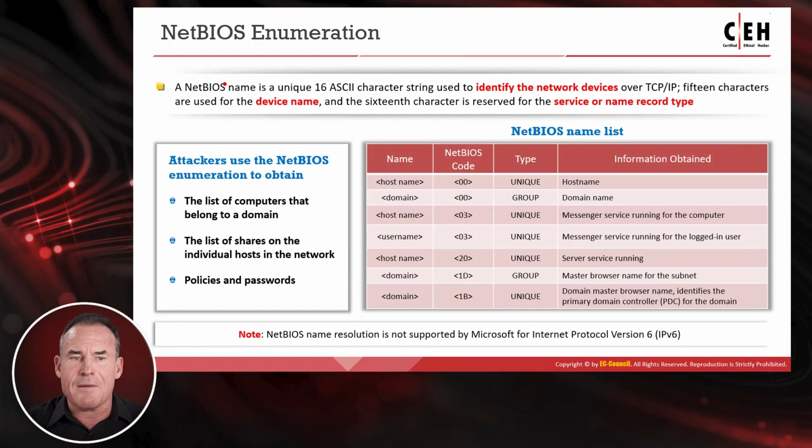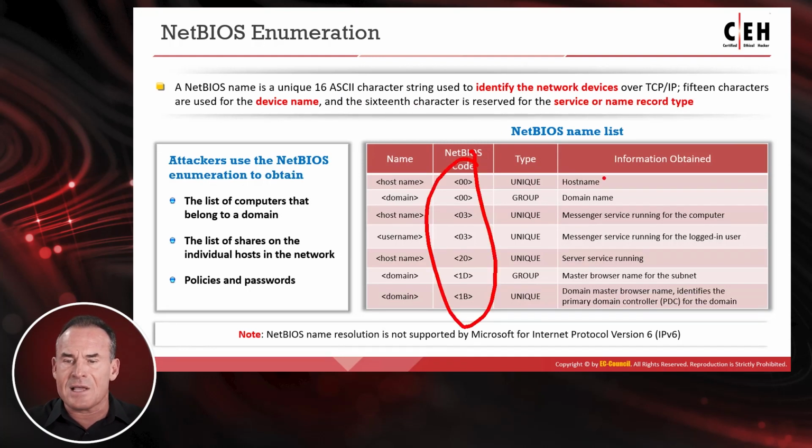So originally, the NetBIOS name is a unique 16 ASCII character string, 15 characters for the device name, and a 16th character reserved for the service name or the record type. So that indicates things like host name, domain name, messenger service, etc. This is a user-friendly name, just like an FQDN, and it gets resolved to an address.